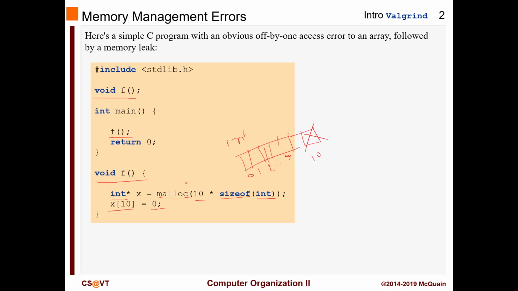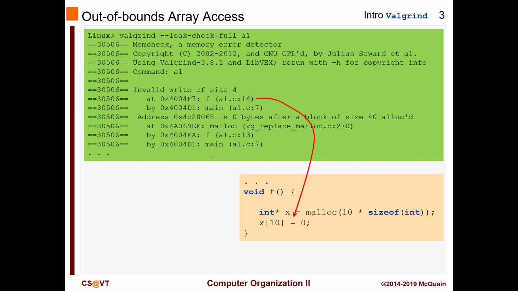From your experience, you already know that Valgrind is going to be able to check that. So let's see what it does. When we run it, this is what it's going to look like. It directly points literally at this line, saying that there is an invalid write of size 4. This gives us an intuition of what went wrong. The 4 over here means bytes.